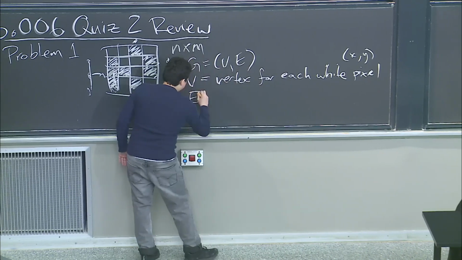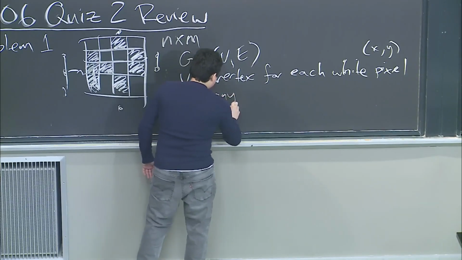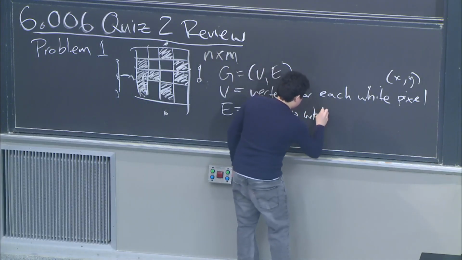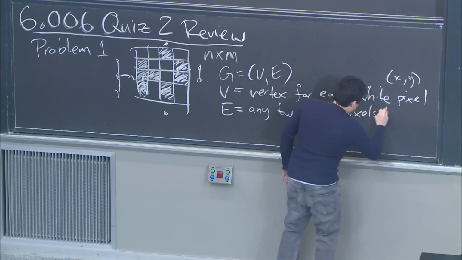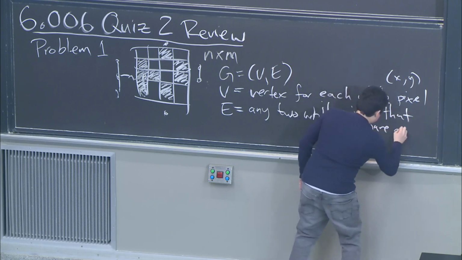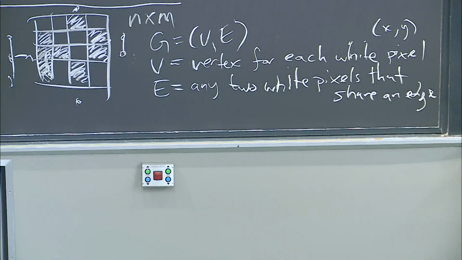So an edge is any 2 white pixels that share an edge.